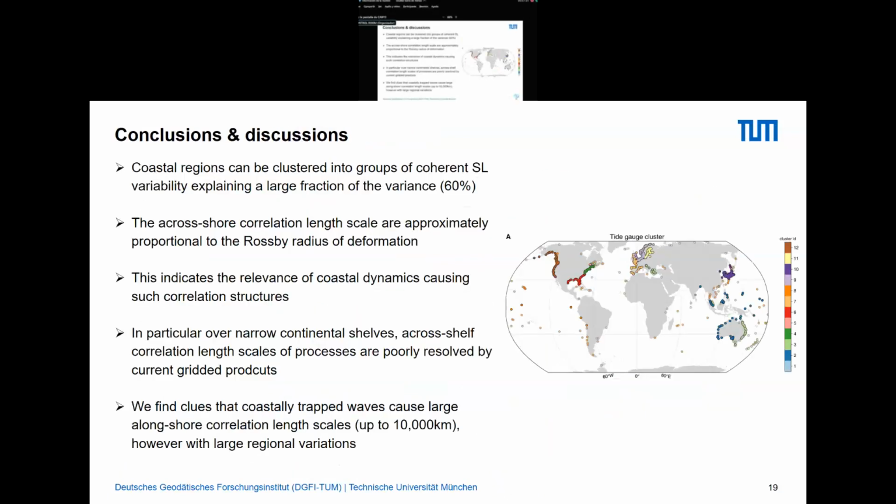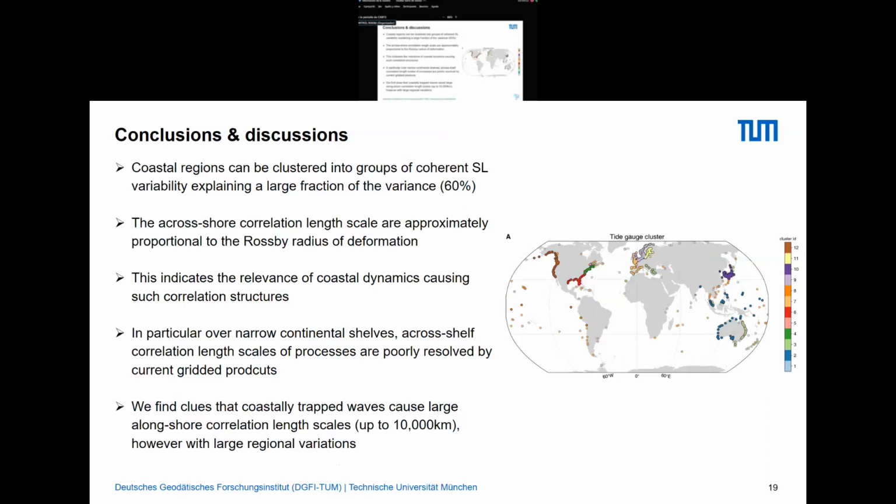So to sum up our findings, we could show that coastal sea level variability can be highly coherent, and we can cluster some regions such that a few clusters explain already a lot of the coastal sea level variability, and that could motivate future work trying to better understand the sea level variations.